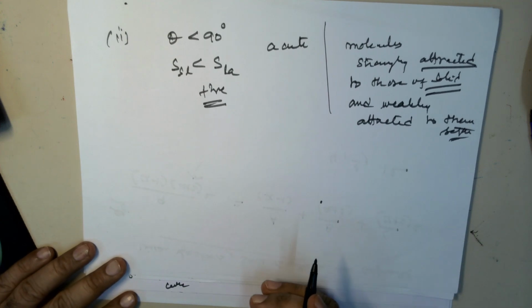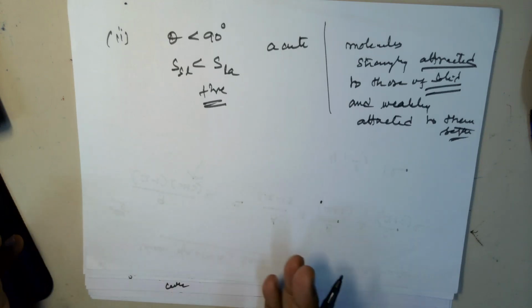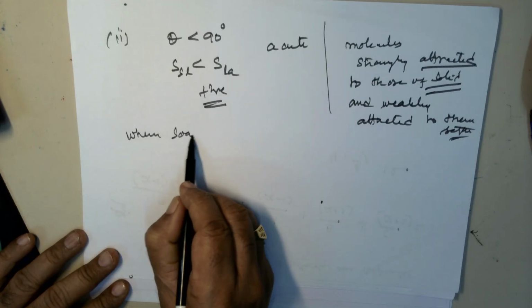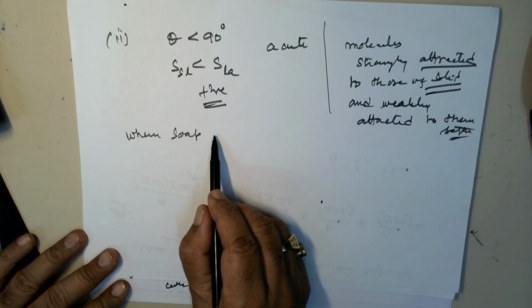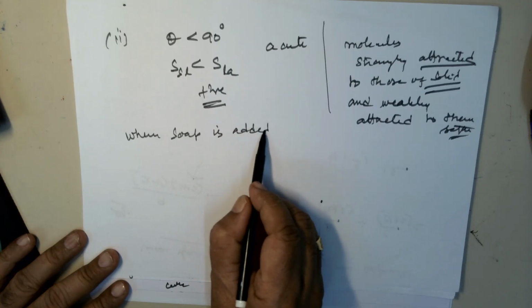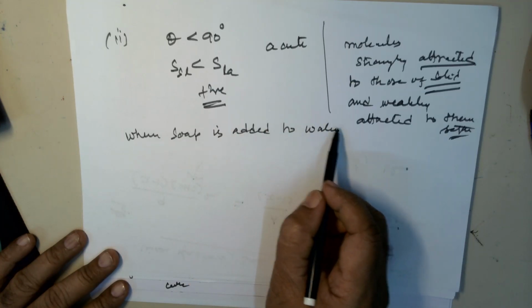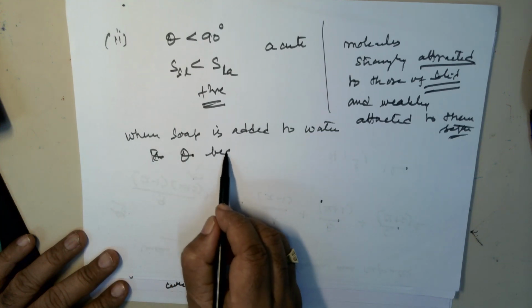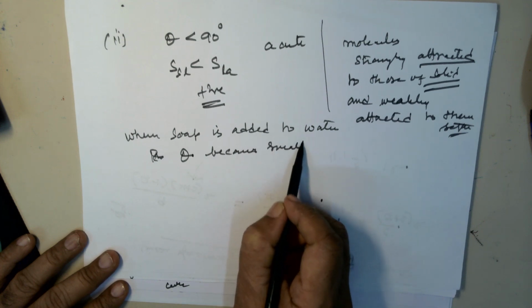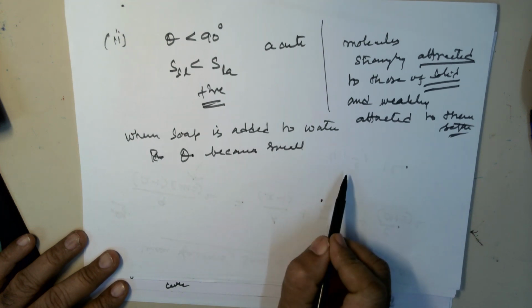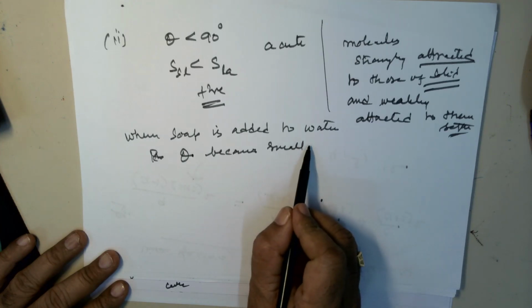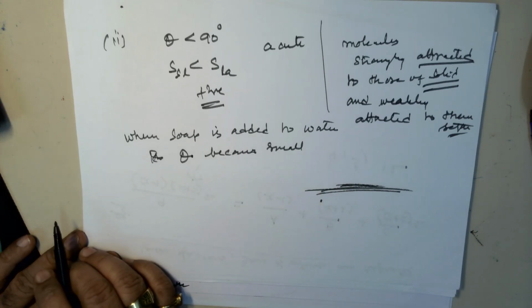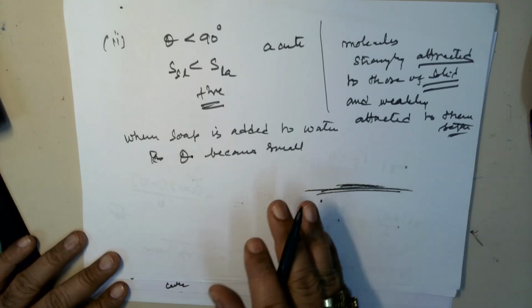So when soap or detergent is added to water, the angle of contact becomes small, and thereby you are able to spread the water along the surface, so that it can be cleansed or removed.